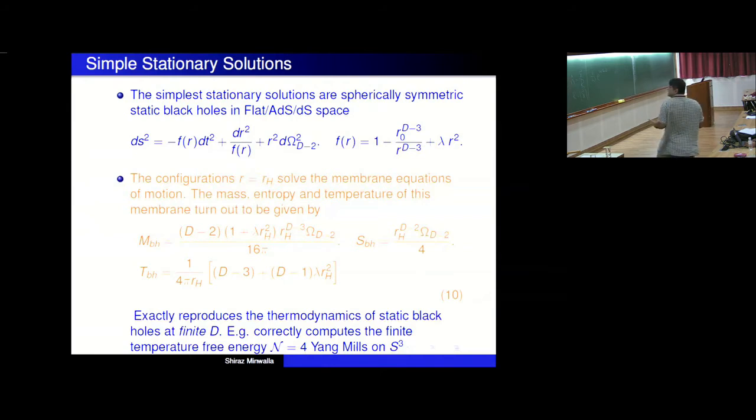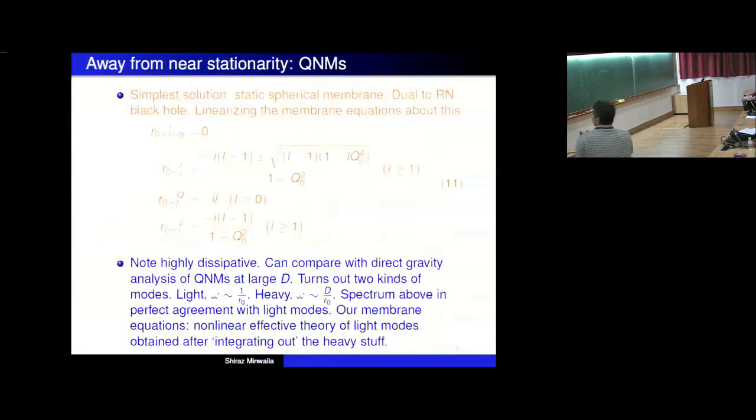Turns out that the answers you get out of those membrane equations are exact. Even though they were derived and guaranteed to be correct at large D, they work exactly even at D equals 4, at every value of D. This is only true for simple static solutions. Rotating black holes are more complicated. Of course, they work at large D. Maybe it's possible to improve these membrane equations so we can get rotating black holes also exact at finite D.